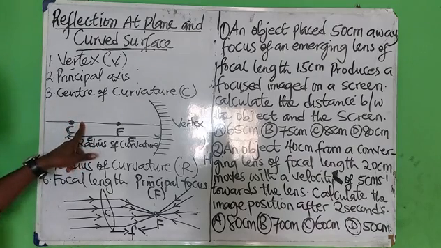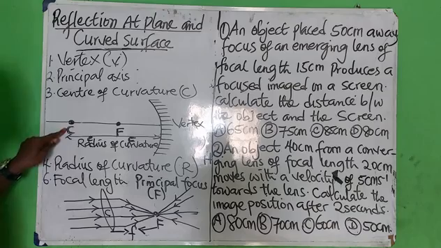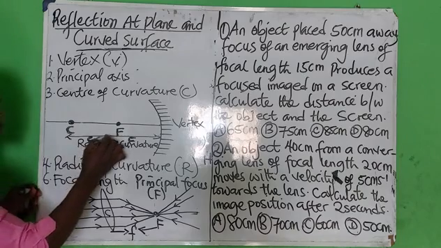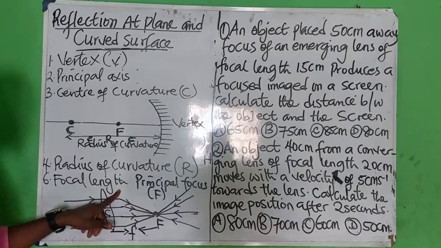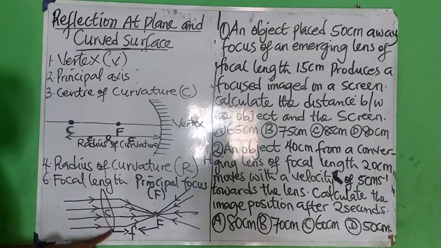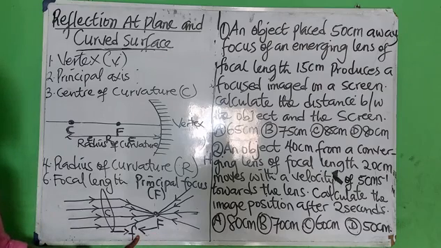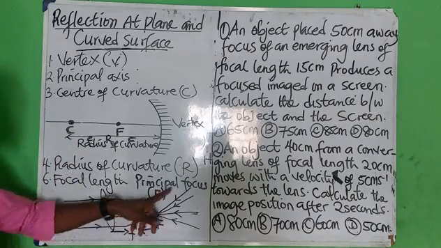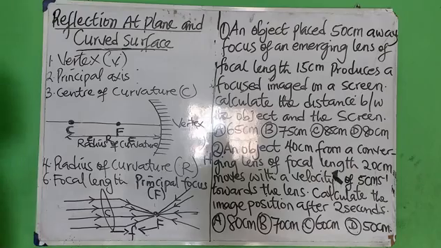Radius of curvature is the distance between the center of curvature and the vertex, noted as capital R. Focal length is the distance between the center of curvature and the principal focus, small letter f. The region where light rays meet to converge is the principal focus.